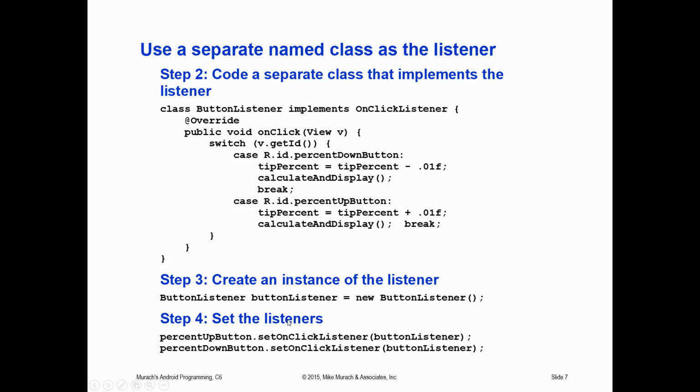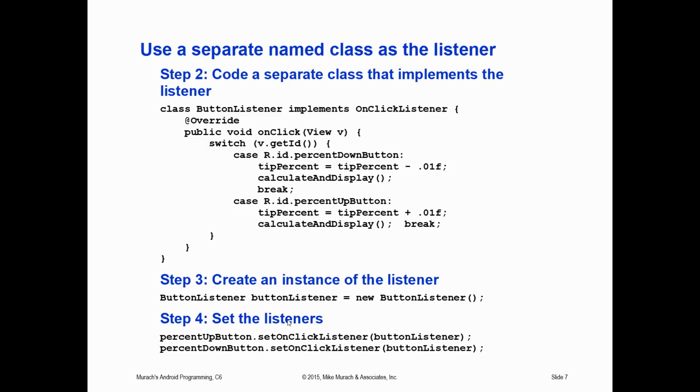Now, a second way of doing this, and this is shown on the bottom of 168. So the first way was shown on the top part of 169, then on the bottom of 169, the bottom half, and explained on the bottom of 168. They say the second example shows how to handle the click event for 2 buttons by creating a separate class.